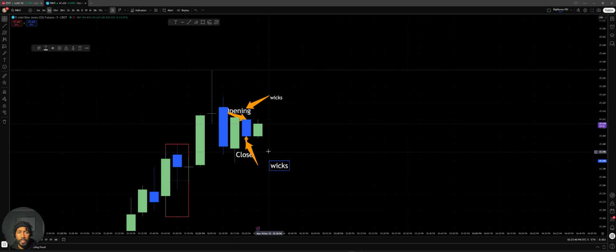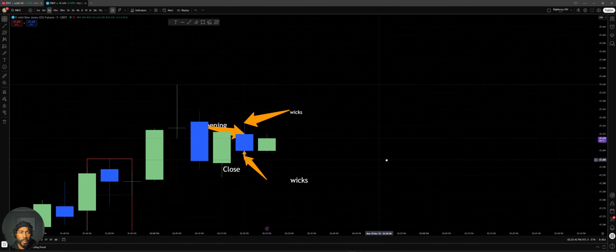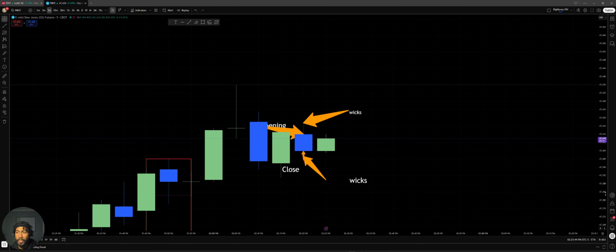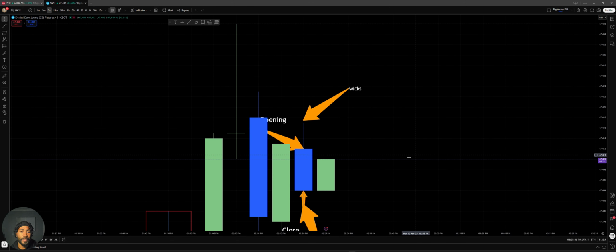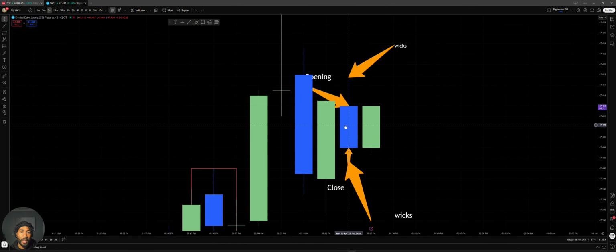Here we go. There goes the candle. There goes that 5-minute candle right here that we were just looking at. It ended up being bullish. I mean bearish. You have the opening candle here. We have the wick here. Well, price went up to, but then it ended up coming down.